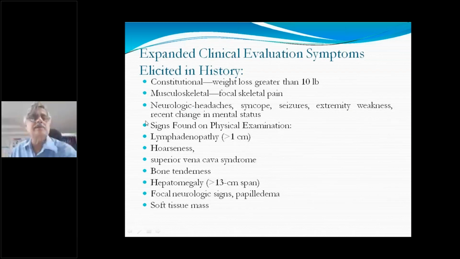The clinical features may be due to the local effects, like local recurrent pneumonias or causing collapse or causing obstruction, and then bronchiectasis or pleural effusion. The second one is because of the metastasis.